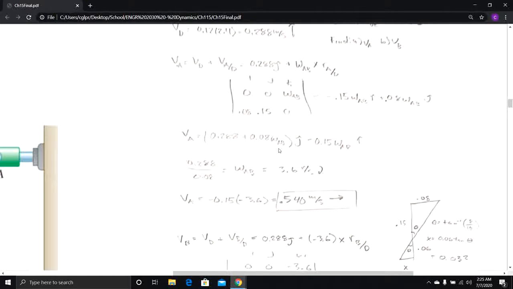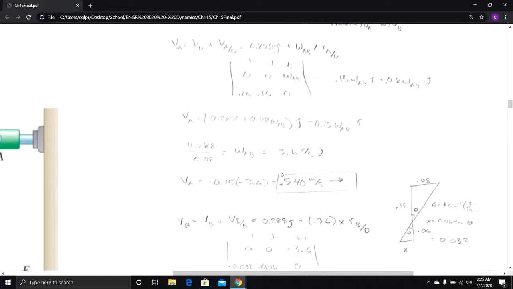Then I can just solve for the omega of AB by looking at, looks like in this situation I looked at just the J component. Then able to plug that back in to the I component, which is going to be going to the right.